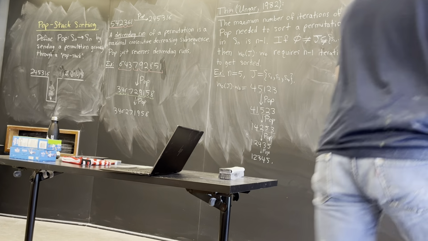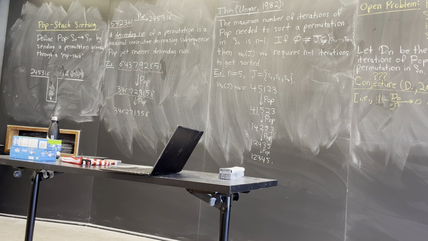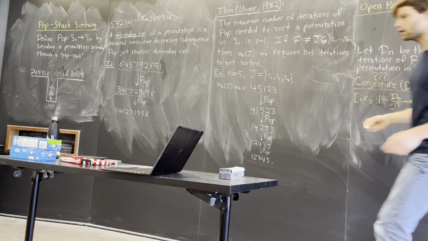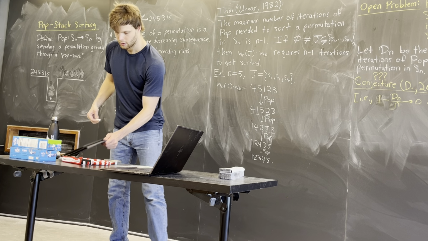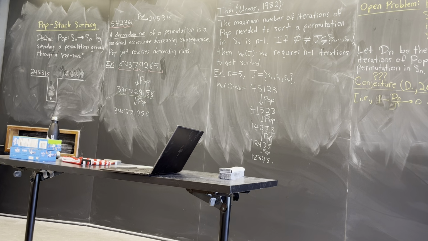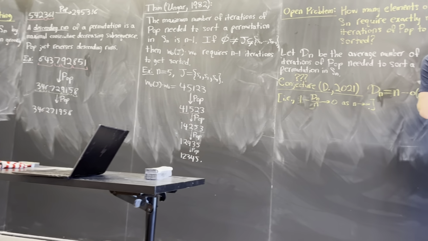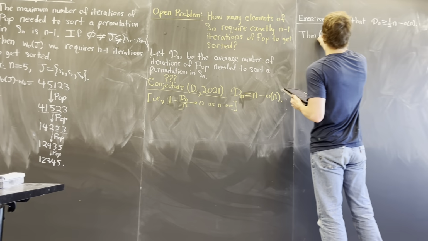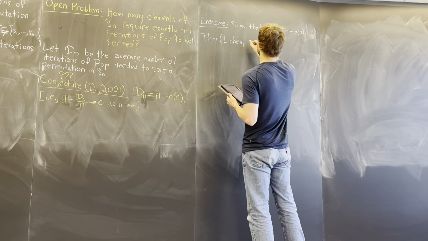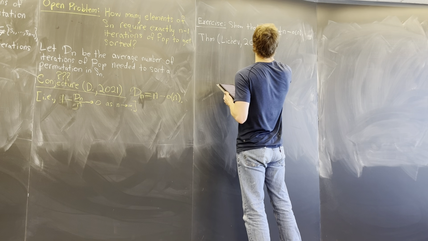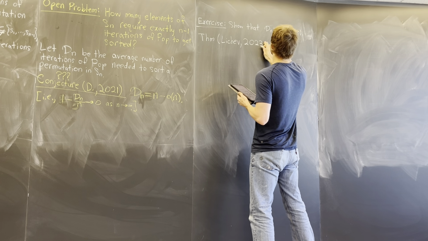And so, I don't know how long it takes on average, but I know it's at least this. Actually, there's something stronger that I can say. There was a paper released this year by someone named Lichev. This is 2023, I think not published yet, so I'll put a plus.